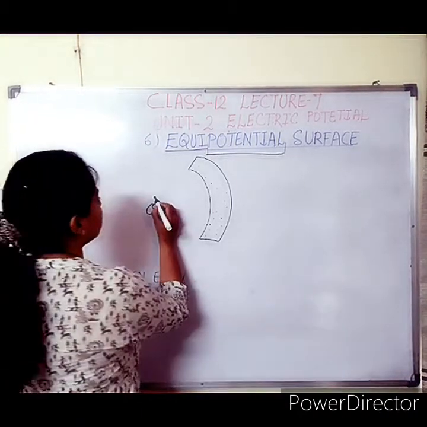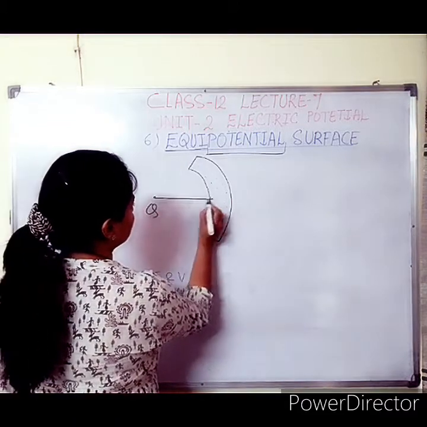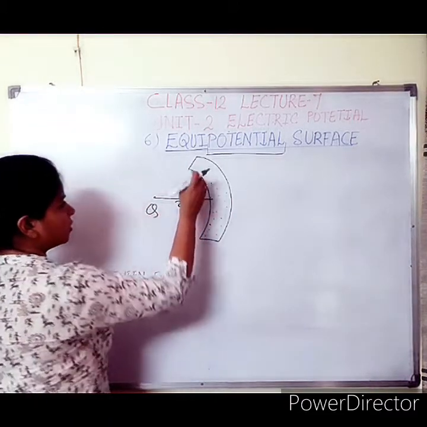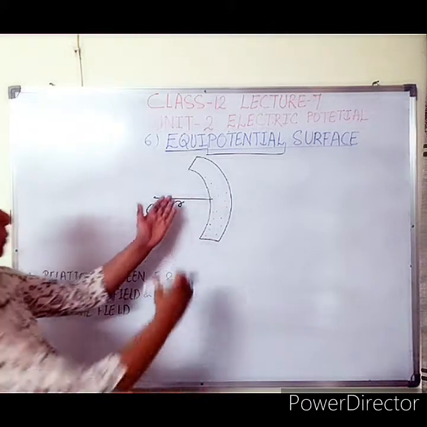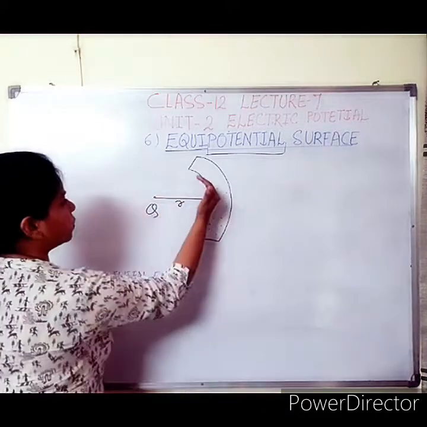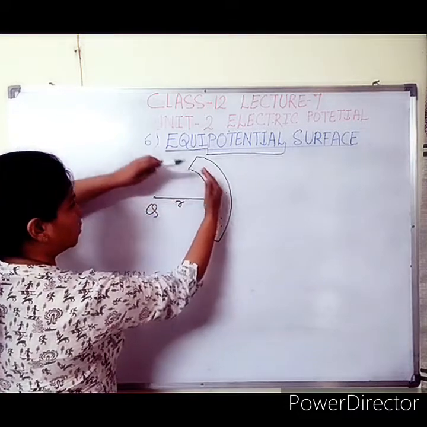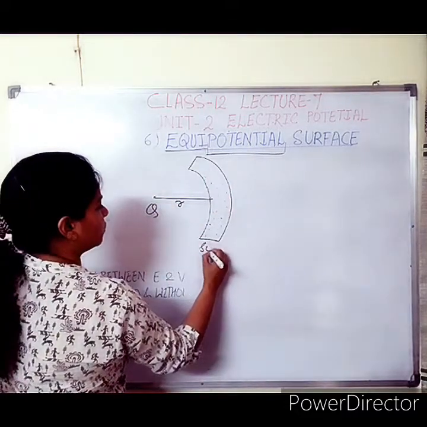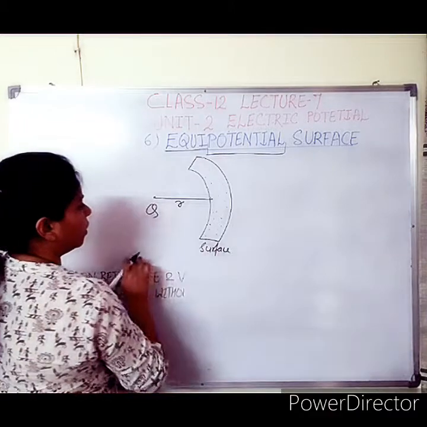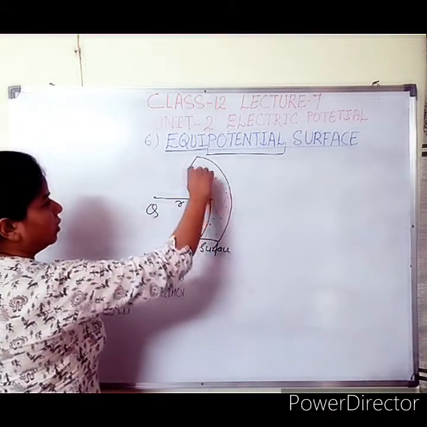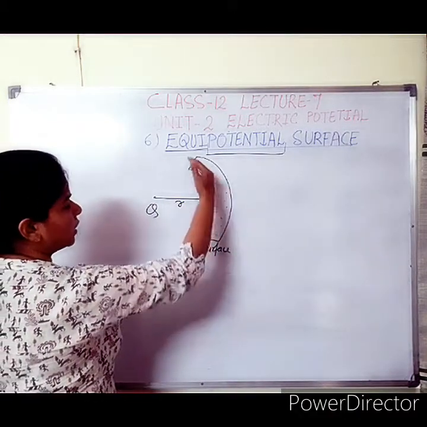This does not happen in all cases. You can see in the figure that the distance of each point over this surface is at equal distance.